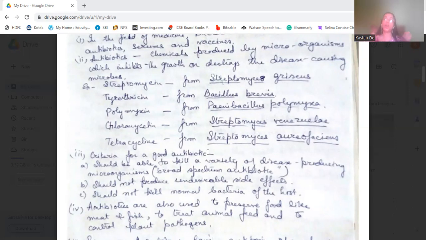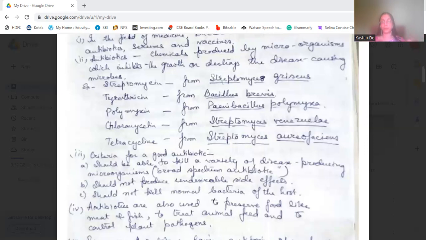Again, it should not kill the normal bacteria of the host. That is, the good bacteria present in the host should not be killed by the antibiotics. And it should not produce undesirable side effects to the host. So these are the three criteria needed for a good antibiotic.